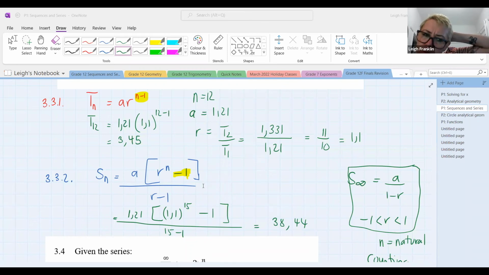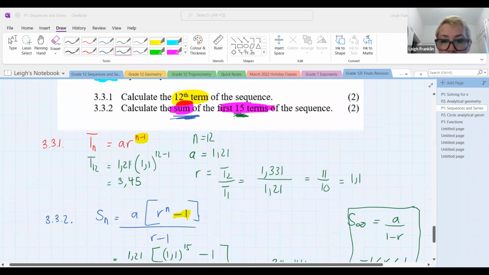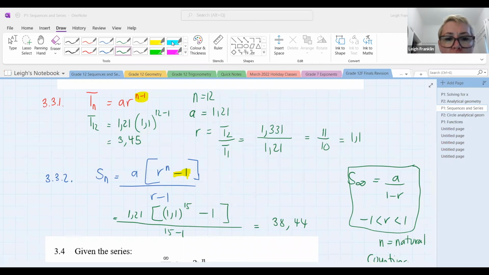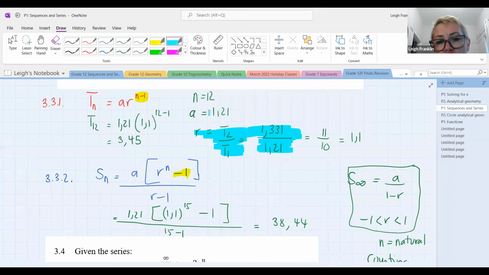N is 15 and R is 15. No. So N is equal to 15 in this particular case. R was equal to 1,1. So here I'm going to highlight it for you in blue. Remember, R is equal to 1,1. So here where we took term 2 and we divided it by term 1, here's our R. Yes, ma'am. Look at your answer at 3.3.2.